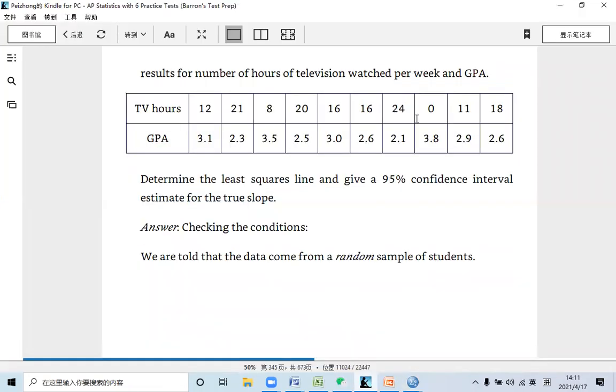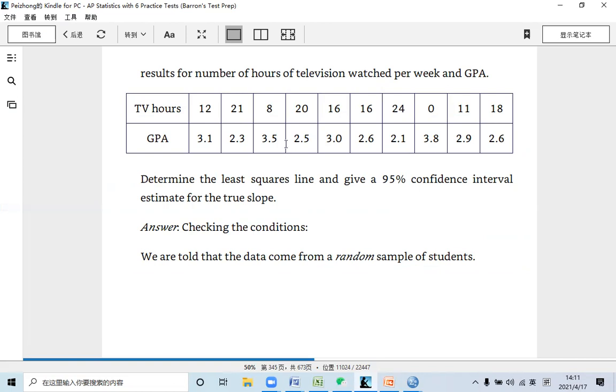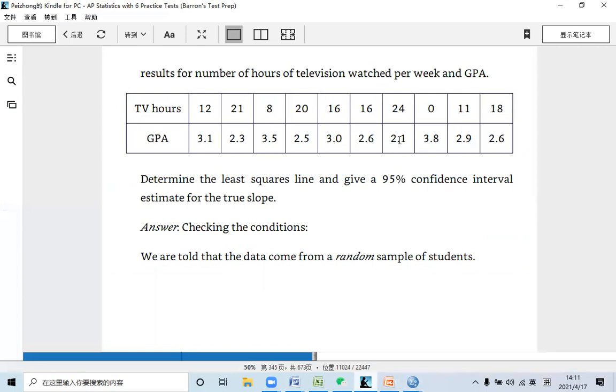We might have some numbers wrong. 2.6. 16 is 2.6. 2.1. 2.9, 2.6.